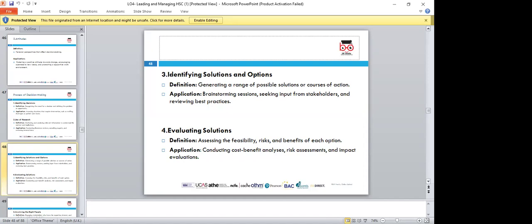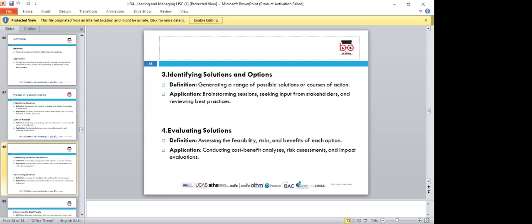Students should understand that those are things you would have to use in ensuring that you meet those. Okay, those are evaluating solutions, cost-benefit analysis, and ensuring that all those things are met.